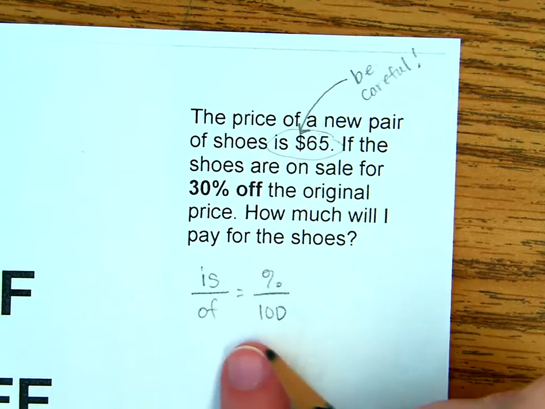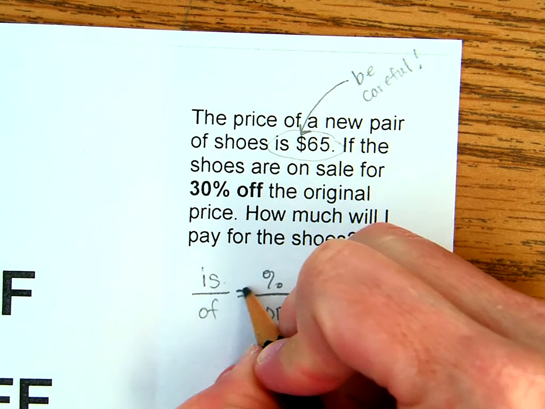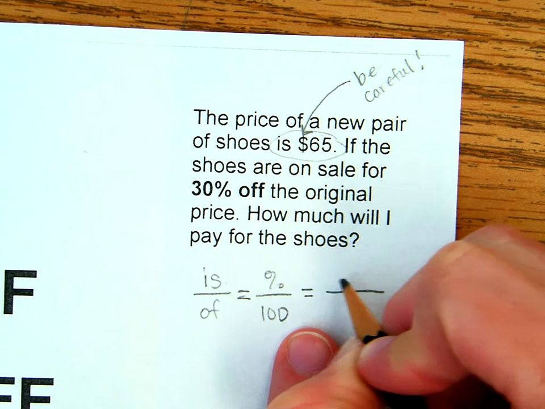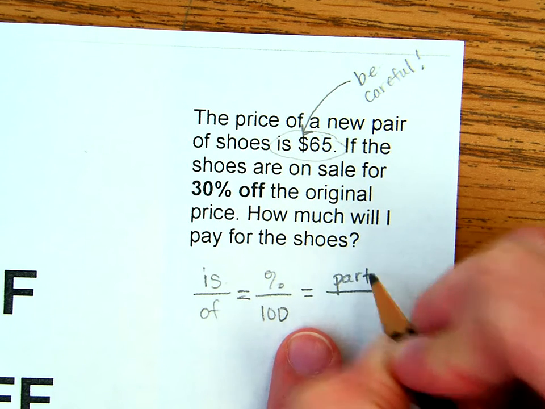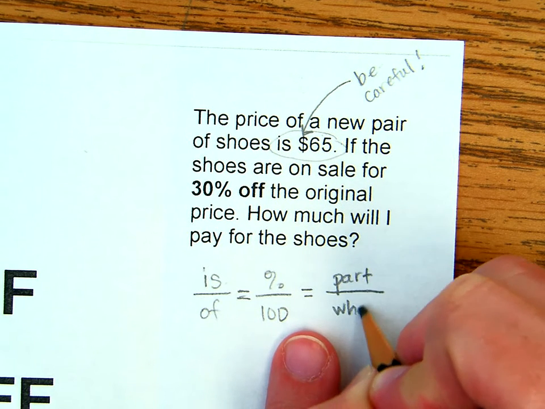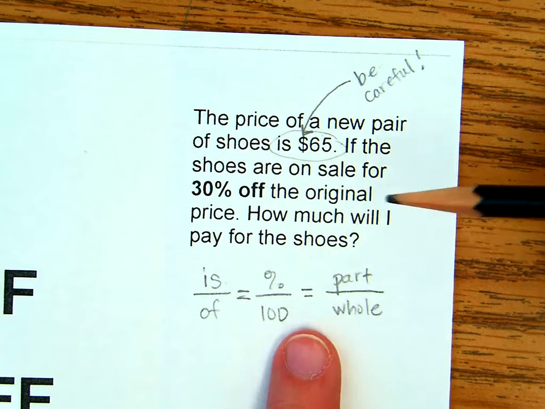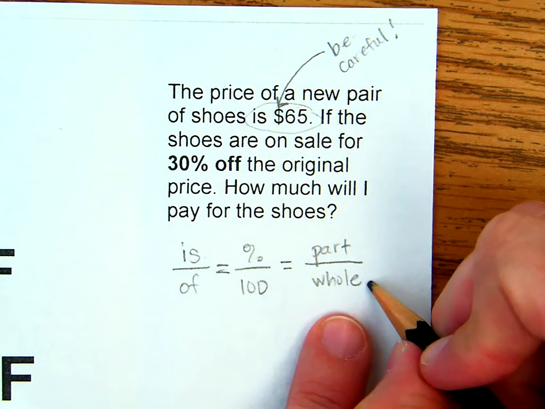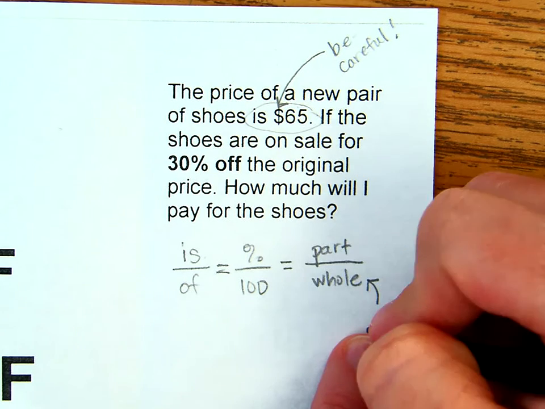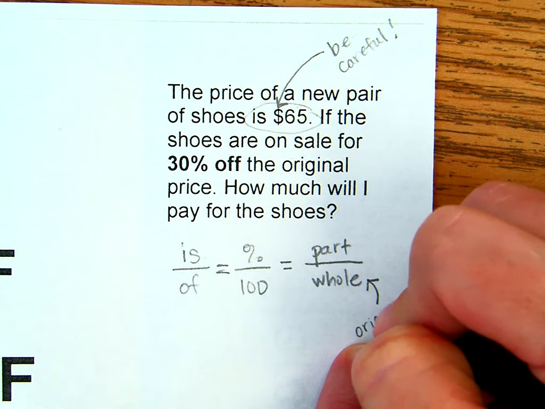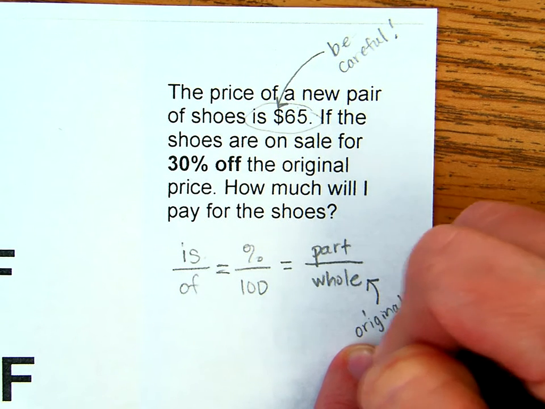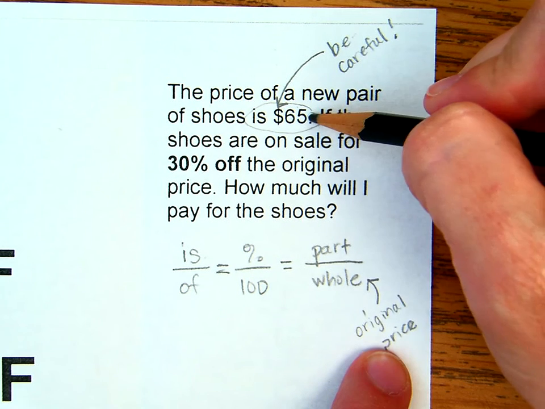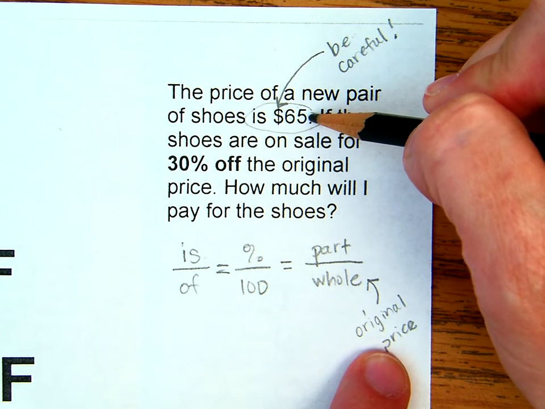So remember that in the is over of equals percent out of 100 foldable, there was another ratio that goes along with that, and that is part over whole. And in problems involving the price of an item and a sale price, the whole is the original price. So in this situation, the $65 that's given is the original price of the shoes.